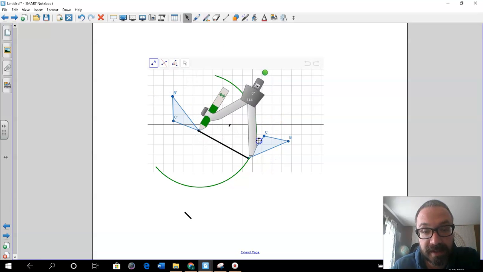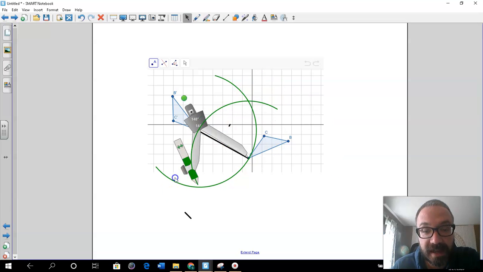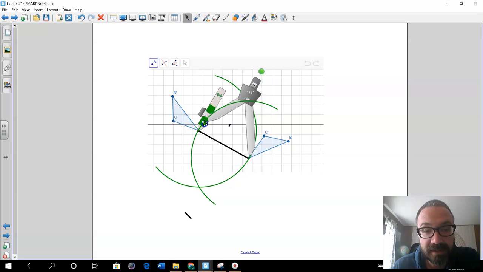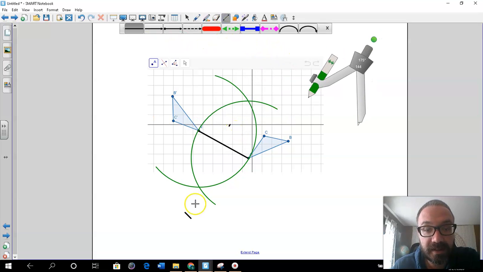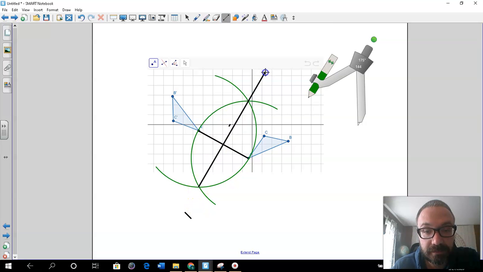That will give us all the possible points for the center. So let me graph that, a straight line. And then I will do the same with C and C prime. So let's plot that.